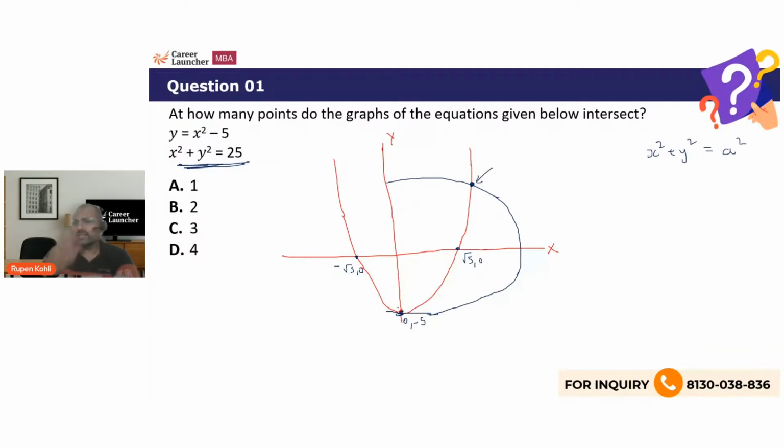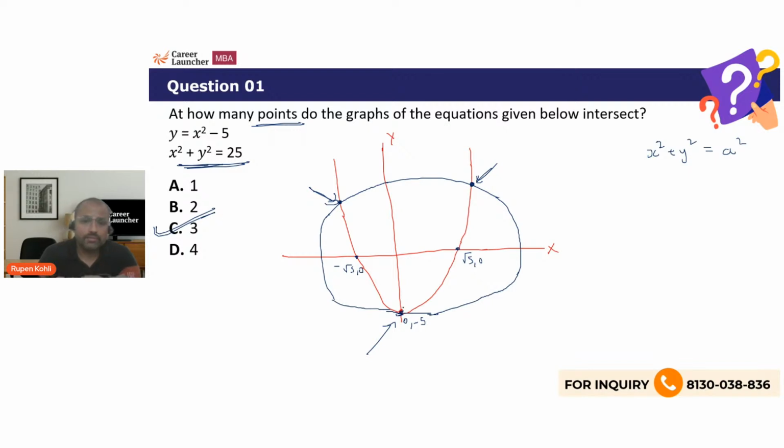I'm not interested in solving for the point of intersection. I'm just interested in identifying the points of intersection, because that is all that we need to do. By symmetry, there'll be another intersection point over here. And I think that completes the graph. So we have these 1 and 2, and this vertex being the third point of intersection, right?